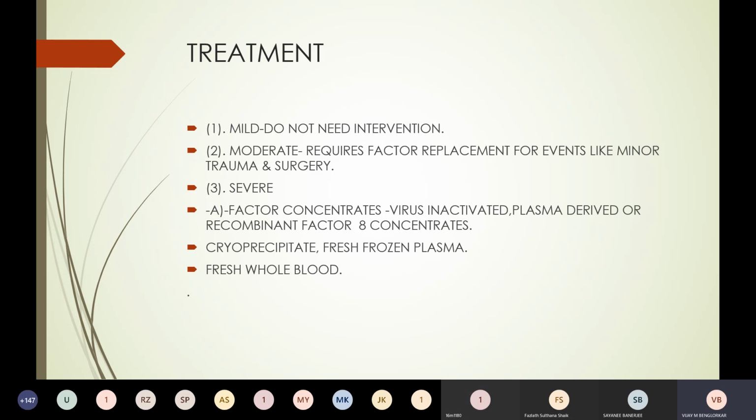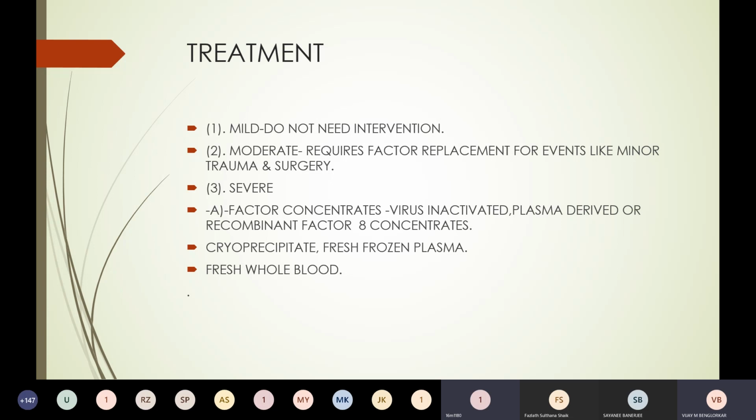Moderate, patient gets bleeding on minor trauma. So it requires factor replacement for events like minor trauma and surgery. So before any procedure, give him factor 8, or you can give the other factors that we are going to discuss in the coming slides.